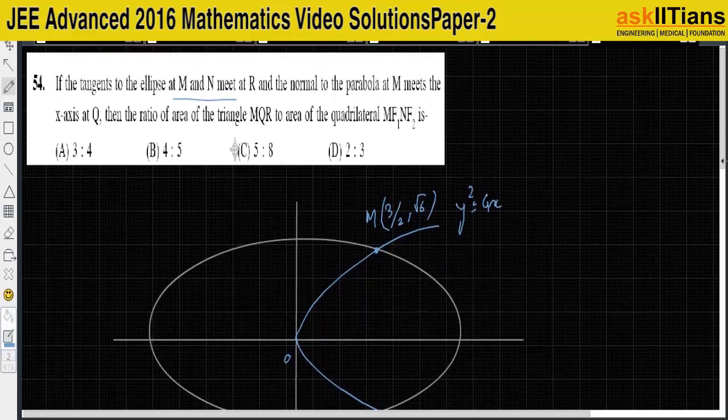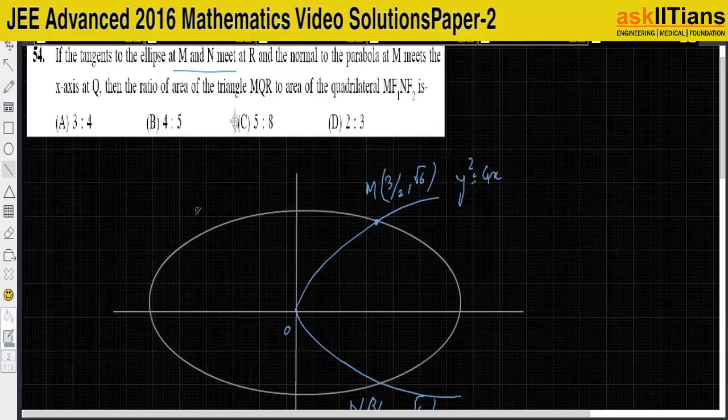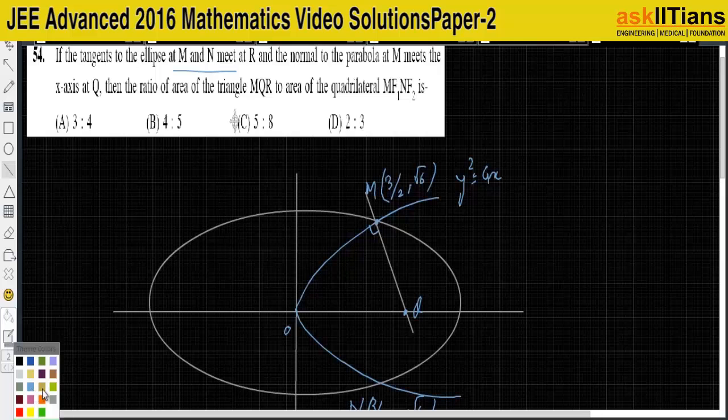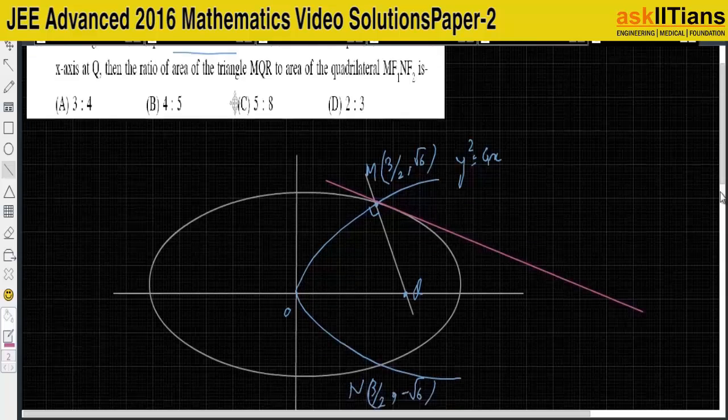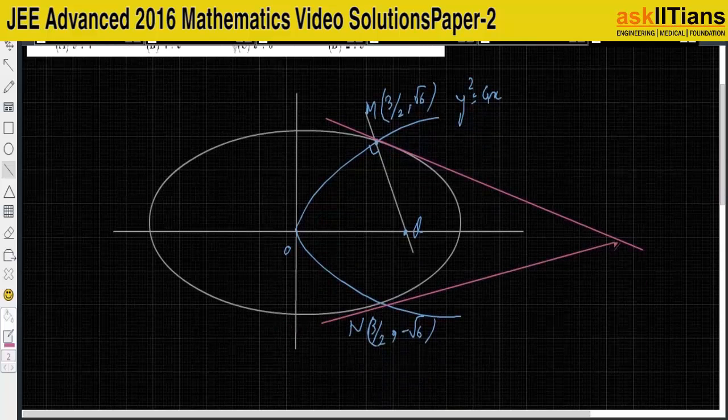Now what I'm doing is, tangents at M and N meet at R. Alright, so tangents to the ellipse at M and N meet at R, and the normal to the parabola at M meets the x-axis at Q. So this point is Q, this is the normal at point M, and then the tangents to the ellipse at M and N. So we have to draw tangents to this ellipse at M and N. The tangent to the ellipse at M will be something like this, and the tangent to the ellipse at N will be like this.